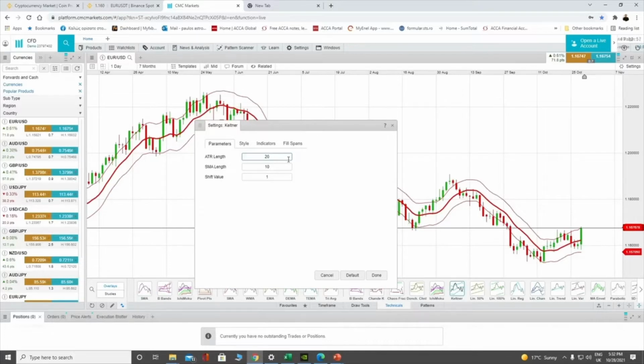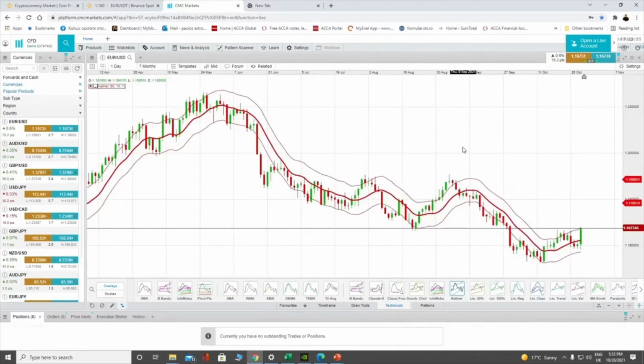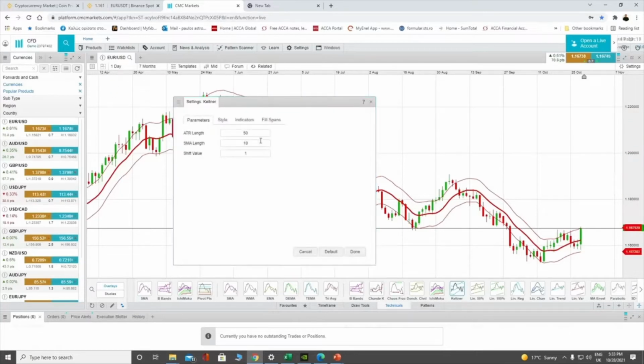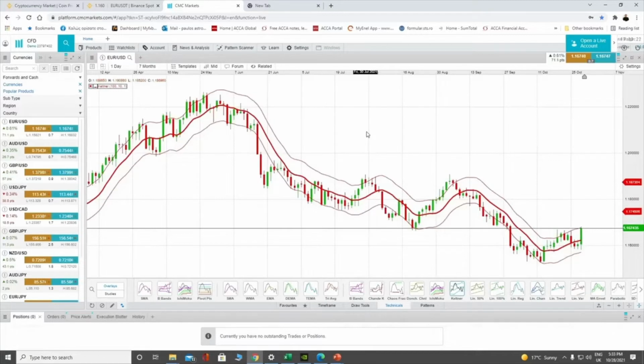I will make a separate video for the ATR indicator. Now let's change the value to 50. You see that it didn't change so much, it just became smoother, and the reason is that we are talking about something that, from a volatility perspective, won't change too much if you change the values. Even if you put 100, you won't see any significant difference.